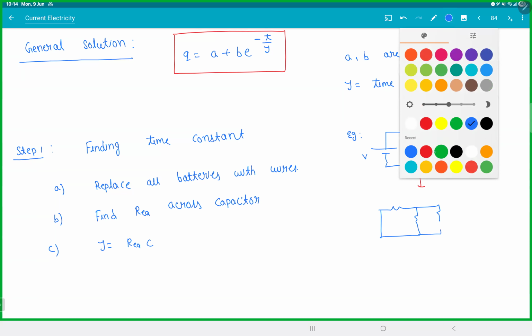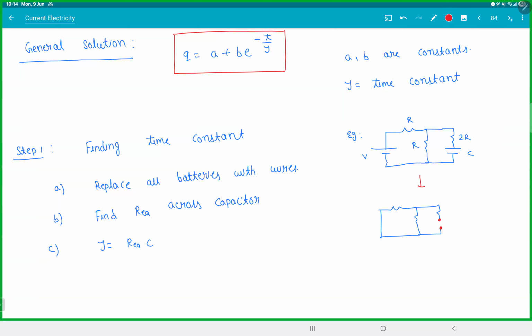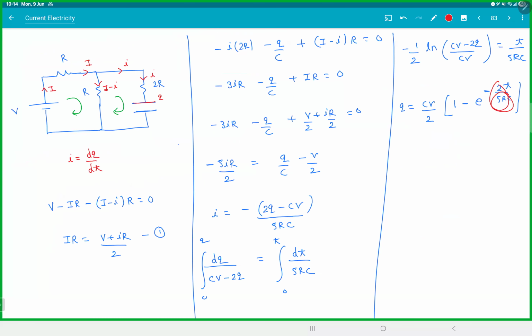You're supposed to find across the capacitor, so take the capacitor terminals as this. So this is 2R, R, and R. R and R are in parallel, R by 2, R by 2. So R equivalent is 5R by 2. Therefore, tau is equal to 5RC by 2. Same thing we got, 5RC by 2.